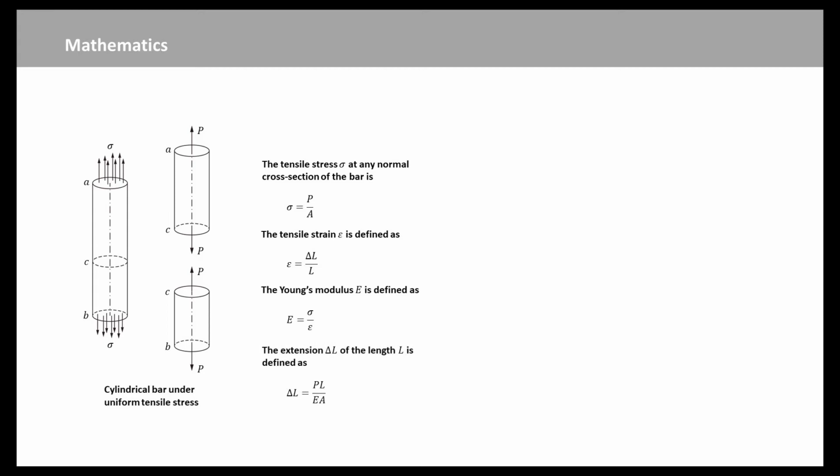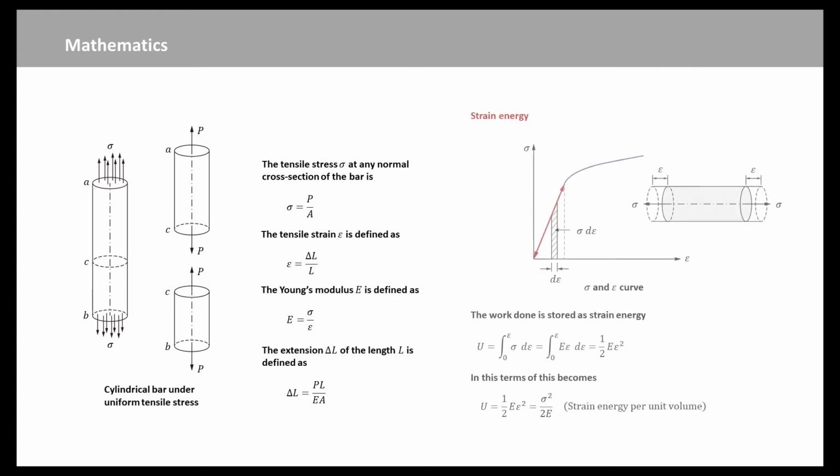The extension delta L of the length L is expressed as P times L over E times A. Suppose the area of the bar cross-section and the length of the bar are unity. Then the bar has unit volume, and the normal forces on the cross-sections are sigma. If at a tensile force sigma the bar is stretched a small additional amount d epsilon, then the strain energy in the bar is approximately sigma times d epsilon.